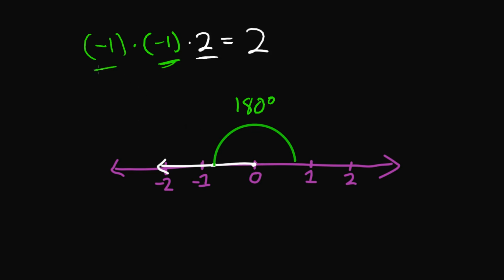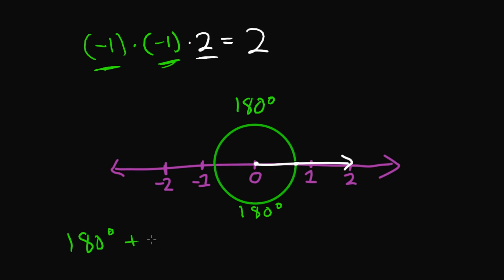So now this negative 1 applies another 180 degree rotation, like this. So here we have another 180 degree rotation, and if you look, the total rotation is 360 degrees. That's why we come back to where we started. We have 180 degrees plus 180 degrees gives us a full circle, 360 degrees.